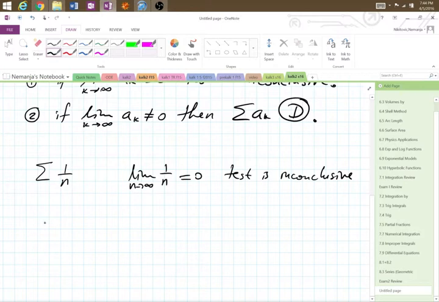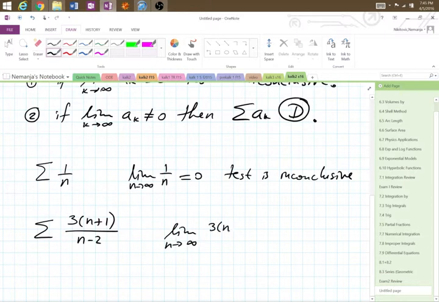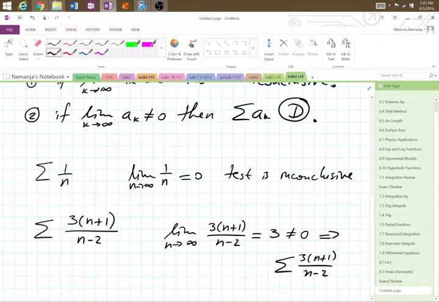But if you have a series of, let's say, (3n plus 1) over (n minus 2), the limit as n goes to infinity of (3n plus 1) over (n minus 2) is equal to 3, which is different than 0, which implies that the series (3n plus 1) divided by (n minus 2) diverges.